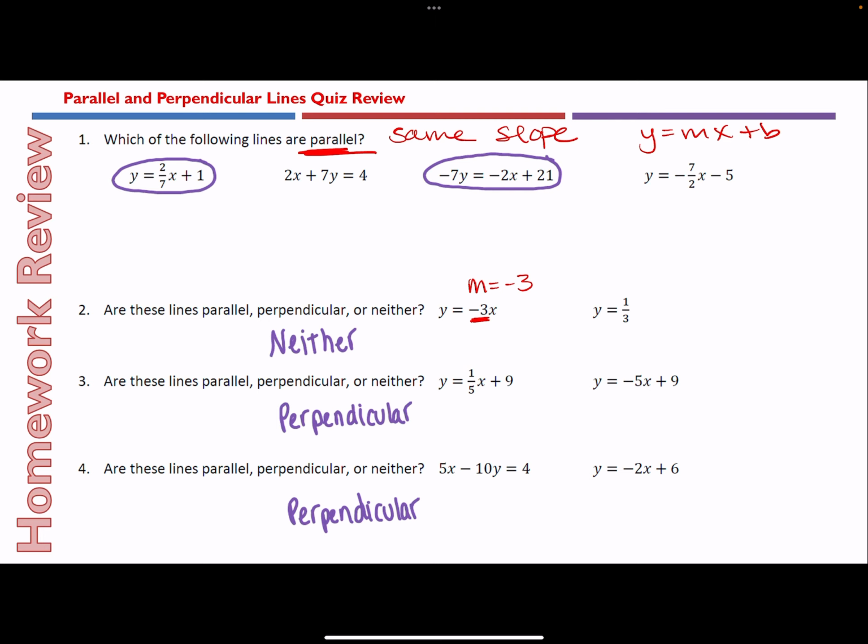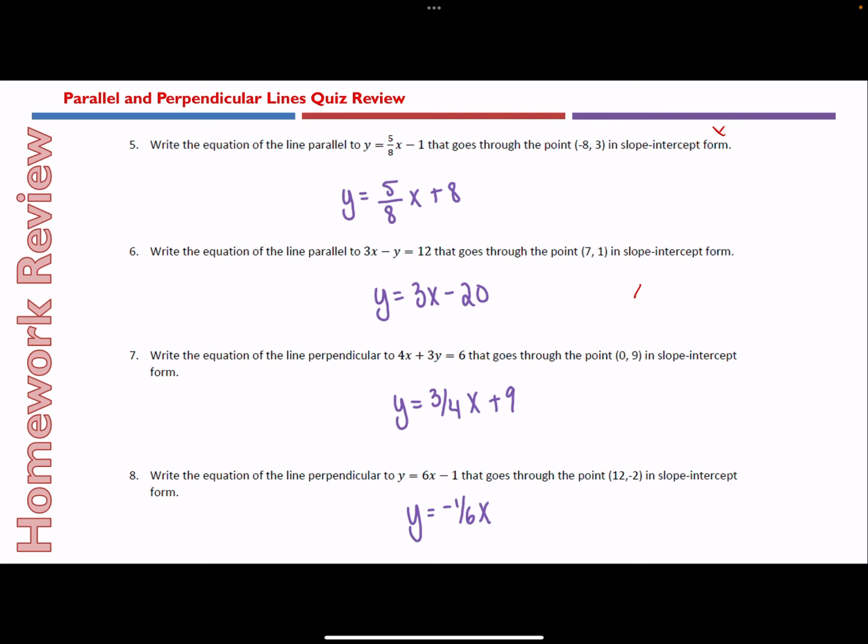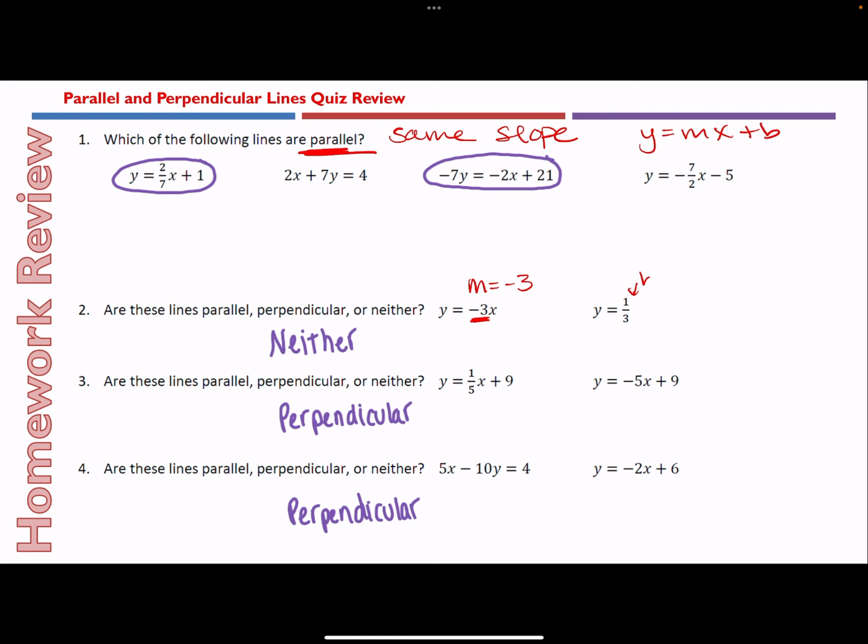There's no x there, so this is your b, and your slope is 0. It's like y equals 0x plus 1/3. So your slope here is 0. That's why these are not parallel nor perpendicular.